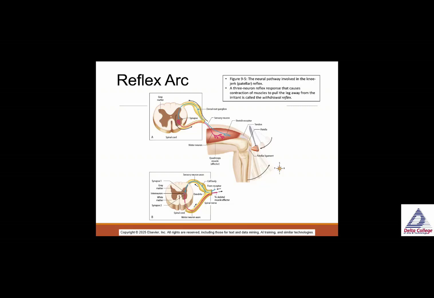And you can see that little interneuron in the middle. So the top one, A, is showing a 2-neuron arc. And the bottom one is showing a 3-neuron reflex arc. The 3-neuron reflex is the response that causes contraction of muscles to pull the leg away from the irritant. It's called the withdrawal reflex.